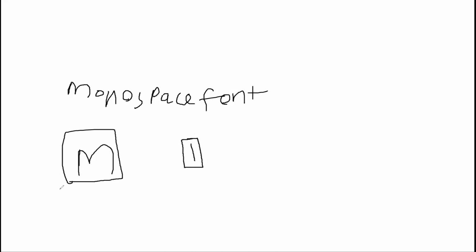For example, you see this is M. M has a width of this much. What about I? I has a width of only this much. This is I. So which one has the bigger width?